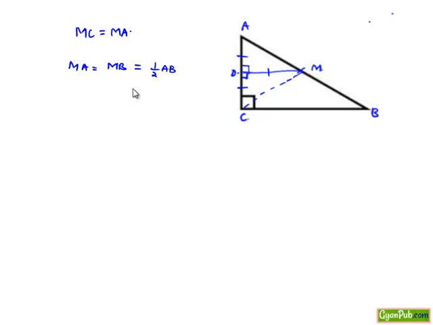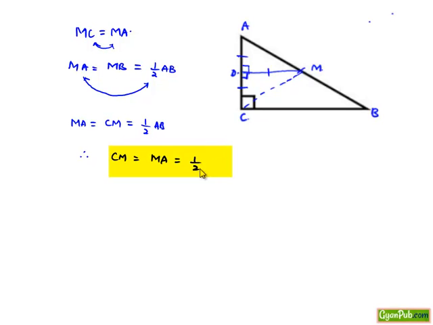Now we know that MA is equal to half times AB, and MA is equal to MC. From these two we can say that MA is equal to MC, or MC is nothing but CM, which is equal to half times AB. Therefore finally we can write this as CM is equal to MA is equal to half AB. This is what our third proof required.